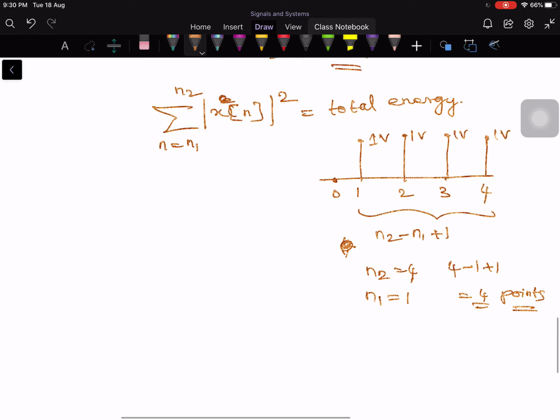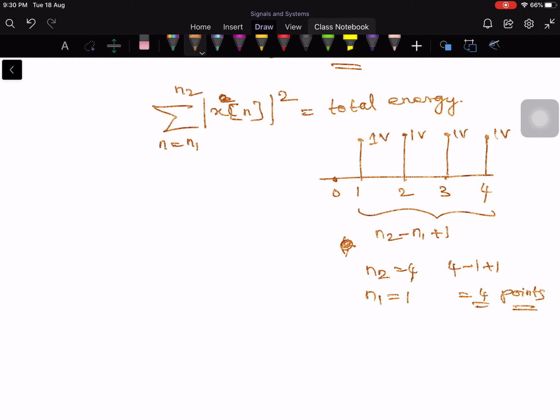Okay, so therefore in the interval from n1 to n2, how many points are there? n2 minus n1 plus 1. Or sometimes you can argue that maybe the signal is symmetrically located. Let's say this is 1 volt, 2 volt, 3 volt, let's say 0.5 volt, let's say 2 volt, then that's it.